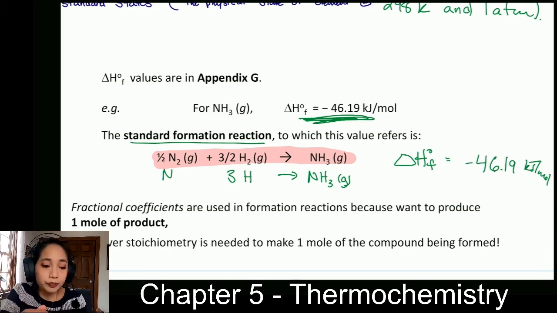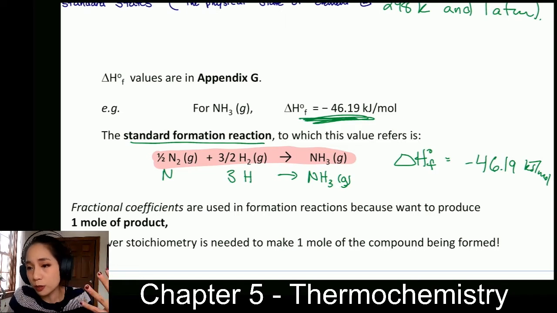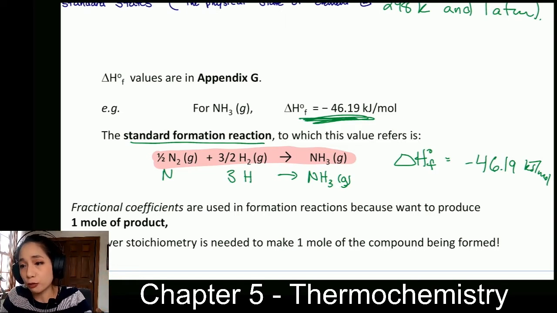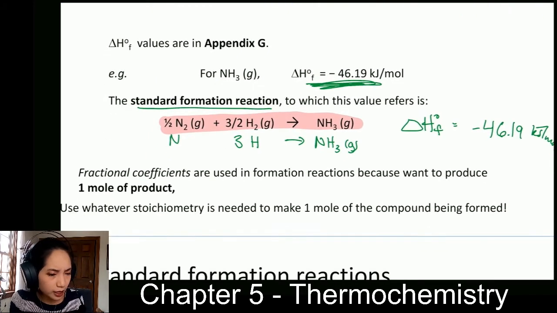But typically in textbooks, you will only see that the delta H of formation is NH3 gas. So in your mind, you have to be able to put together the standard formation reaction that's associated with this reaction enthalpy.